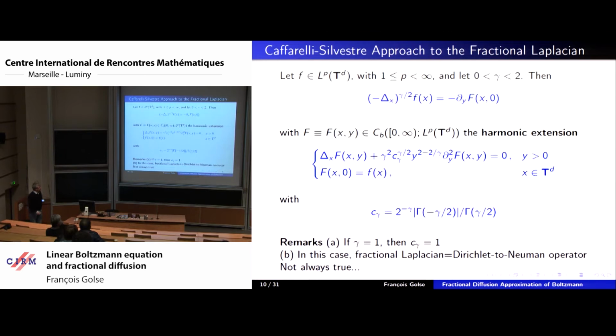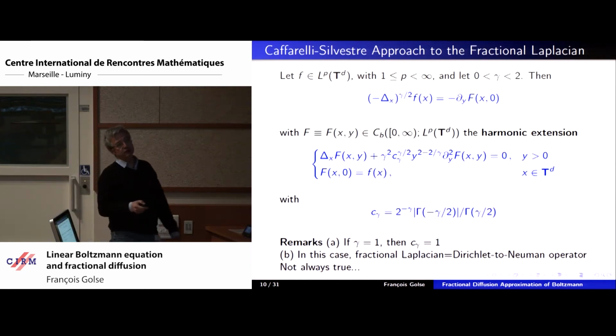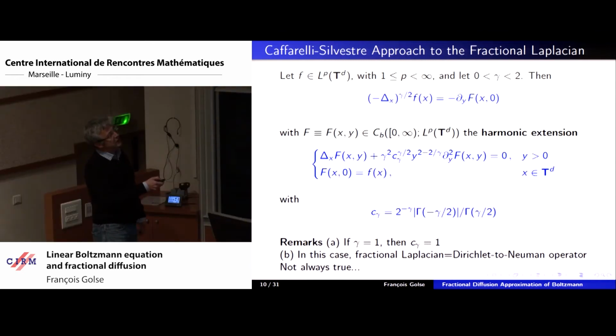So you have the Caffarelli-Silvestre lemma, which you probably know better than I do, which tells you that if you take a function f in, say, L^p of the torus, then you can represent fractional powers of the Laplacian of f as the normal derivative of some harmonic, between quotes, extension of f, which would be really the harmonic extension in the case where you want gamma to be equal to 1.